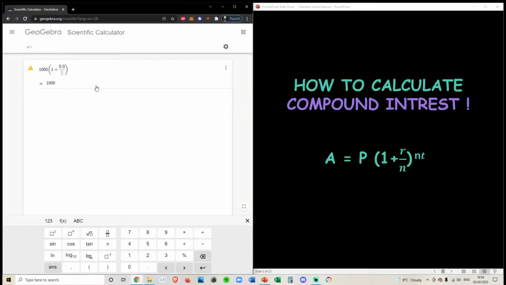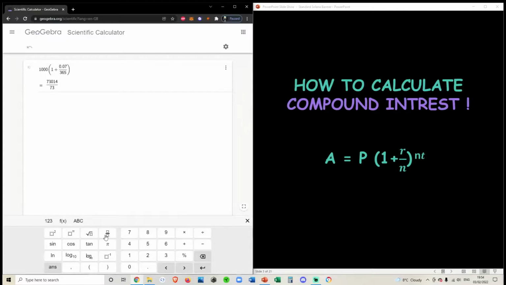So for this we need to put this in decimal form, so 7% being 0.07. Let's say our compound interest is paid out daily, just to make it simple. So there's 365 days in a year, so we'll put 365 days here, being the amount of times the interest is paid.